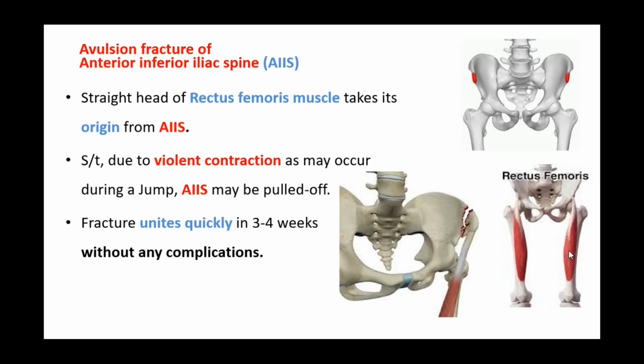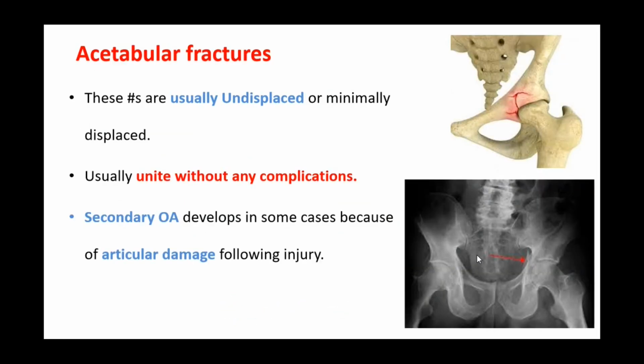Sometimes, due to violent contraction of the rectus femoris muscle, which especially occurs during jumping or fast running, there is a strong contraction, and this contraction pulls off the anterior inferior iliac spine along with it. As you can see here, a strong contraction of the muscle sometimes chips off the anterior inferior iliac spine along with it. So the fracture unites easily, quickly within 3 to 4 weeks without any complication.